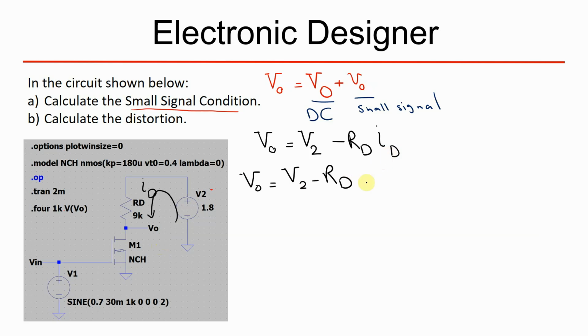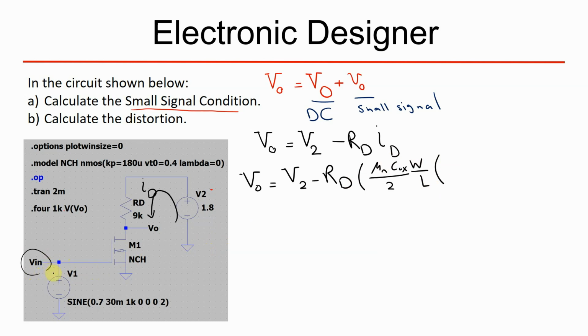So instead of ID, here we have mu n C oxide W over L divided by 2 times VGS squared. What is VGS? VGS is, or I can just write V in here.